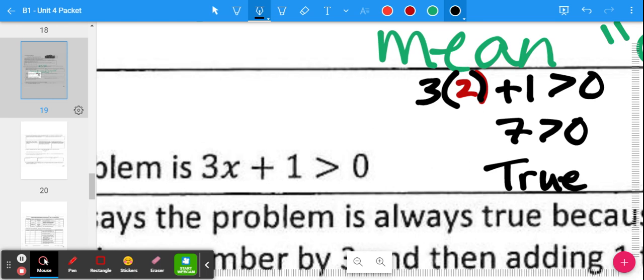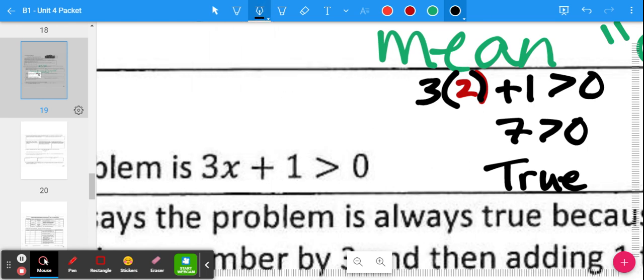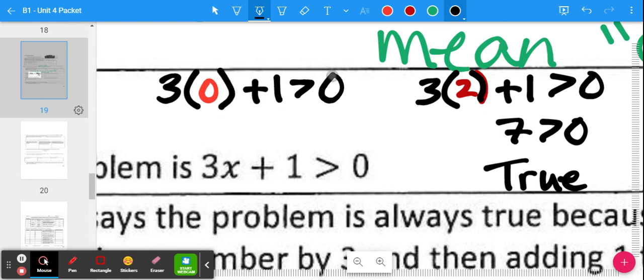So if I plug in another number, like 0, on one of our last assignments we had 0 on several problems, and it made a different answer. So we can try that. 3 multiplied by 0 plus 1. So 3 multiplied by 0 is 0, plus 1 makes 1, which is greater than 0. So this is also true.